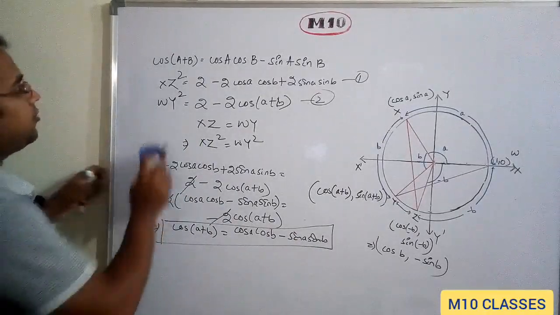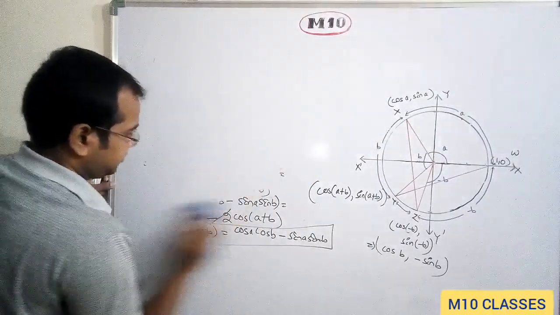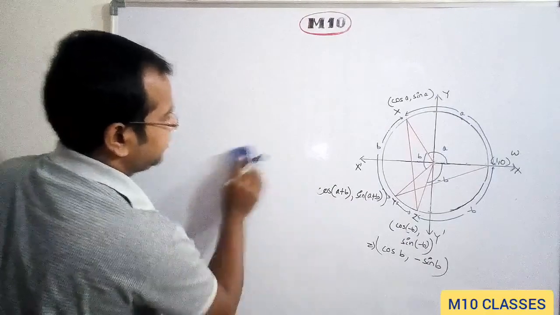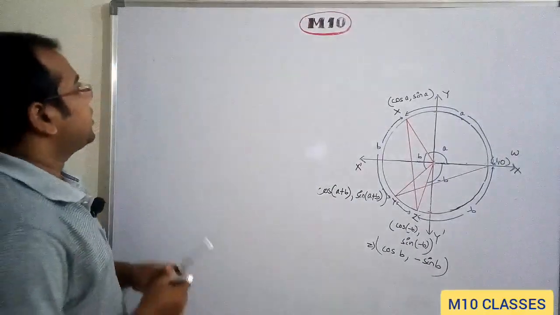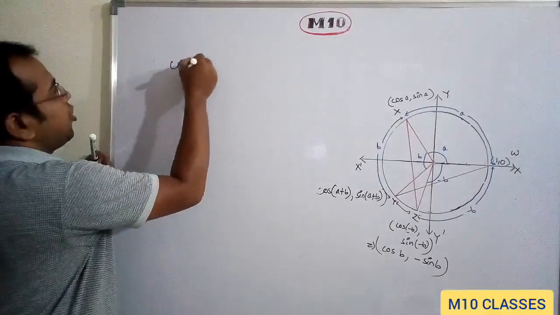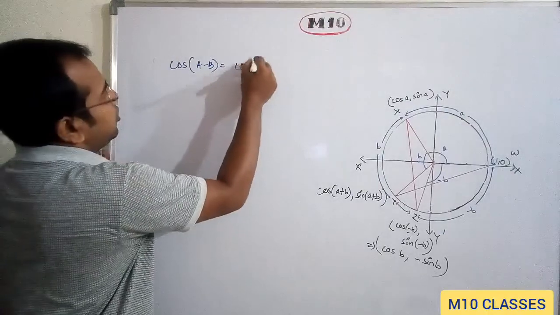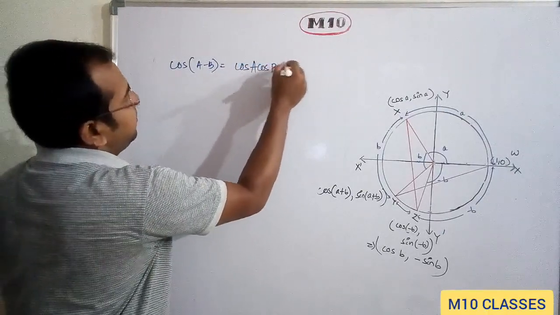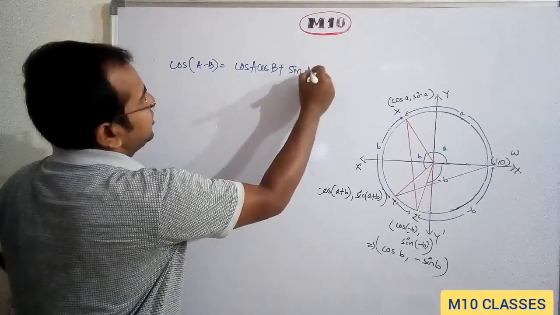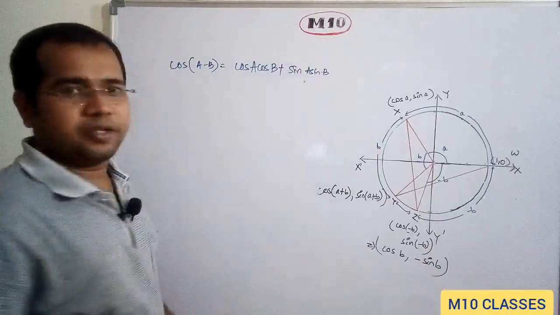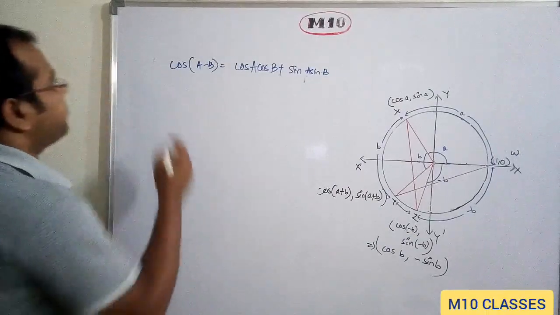Okay. Now let us see the others. Now next is cos(A minus B), that is equal to cos A cos B plus sin A sin B. So this is very simple. We are going to use the first identity to prove this one.